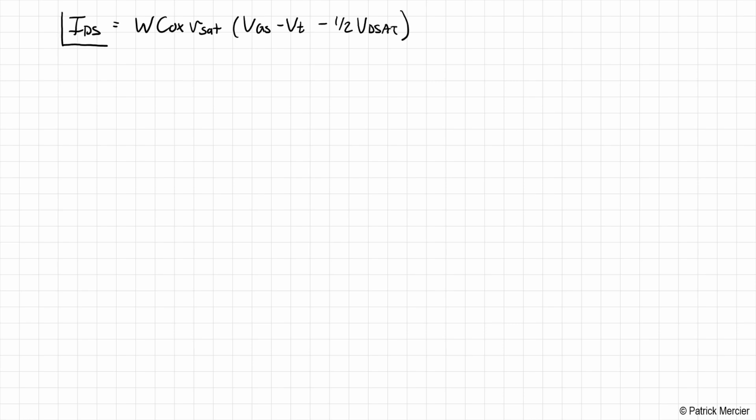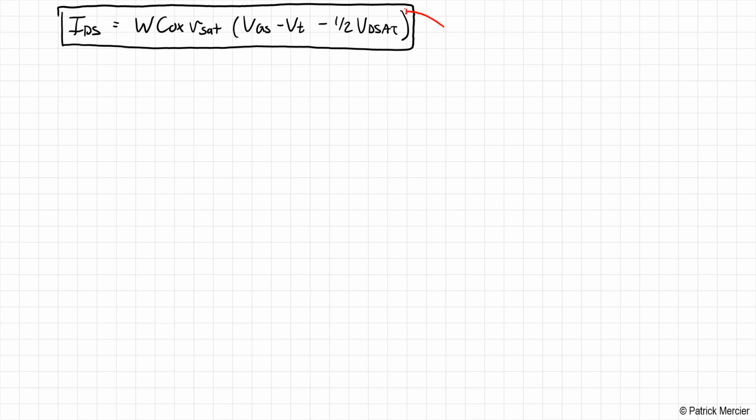Okay, so this is the velocity saturation formula. Now this is first order and empirical and so on, but it's a reasonable approximation for hand analysis. Now one thing to note, it is not squared. Okay, we're used to having our saturation device have a square relationship between IDS and VGS. In this case, it is not squared, it is linear.